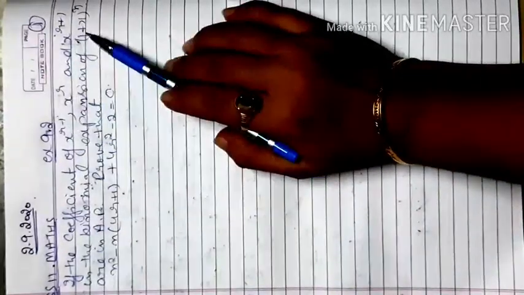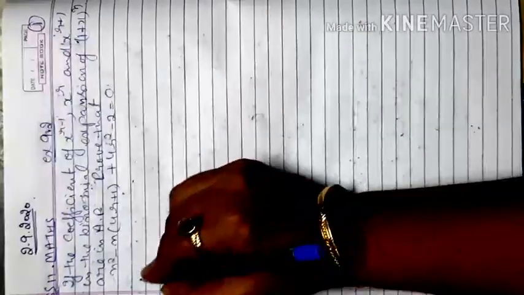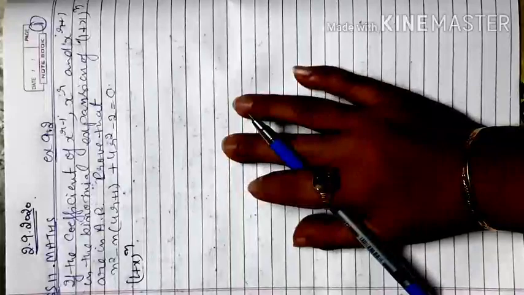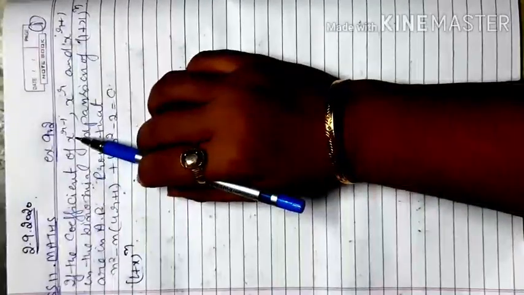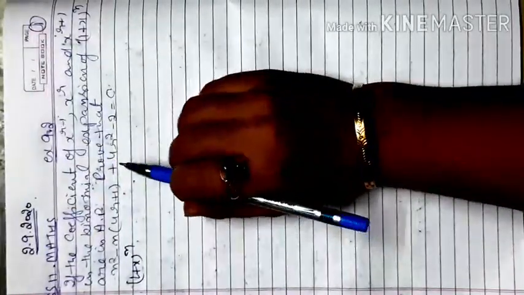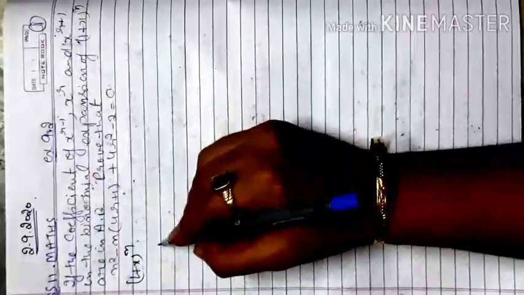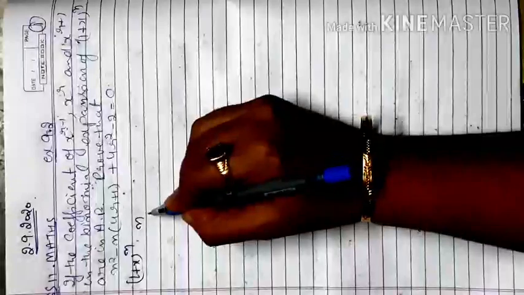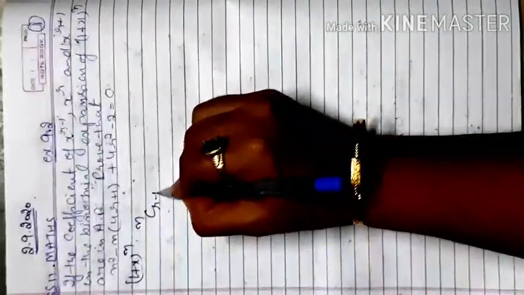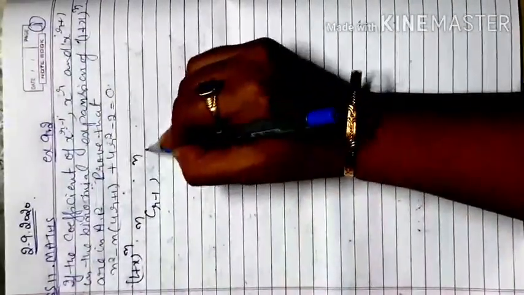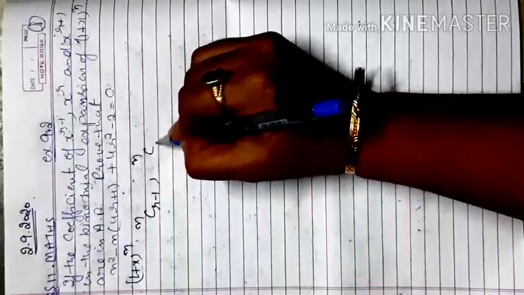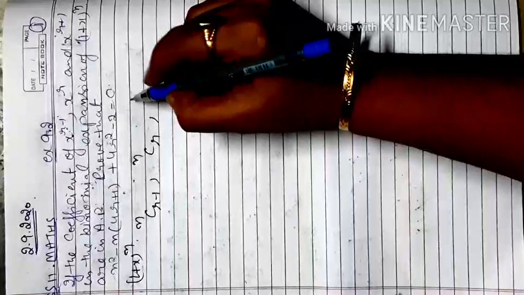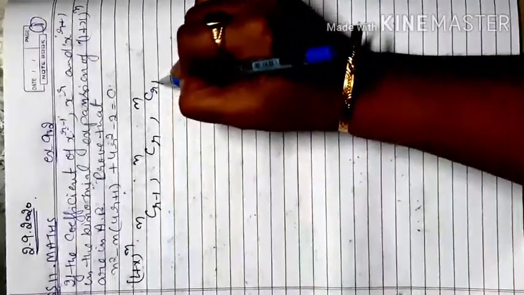I already told you, if your term is (1 plus x) raised to power n, then whatever your r value is, it is considered as the power of the second term. So the coefficient of x to the power r minus 1 is nC(r minus 1), the coefficient of x to the power r is nCr, and the coefficient of x to the power r plus 1 is nC(r plus 1).